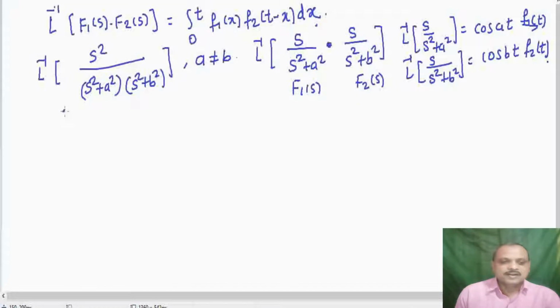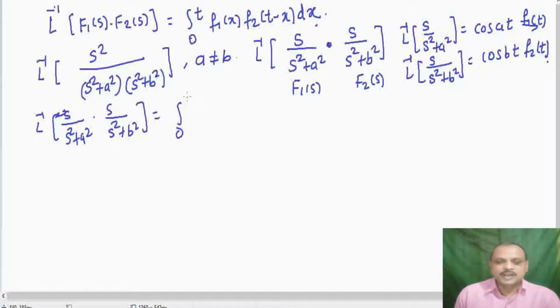So if we apply L inverse to these two forms, s divided by s square plus a square into s divided by s square plus b square equals the integral from 0 to t of cos of ax into cos of b(t minus x) dx.